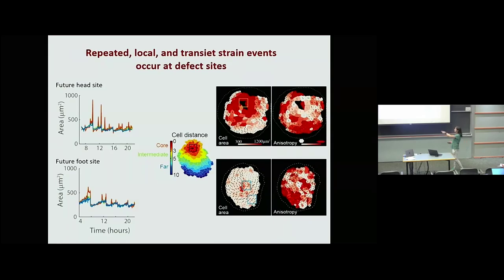So you can see by these very tall peaks in the orange graph above how the cells at the defect region are transiently stretching, but then the baseline is really very similar. And this is for the future head site, but if you look at the future foot site, you have smaller events, yes, but a lot less significant.